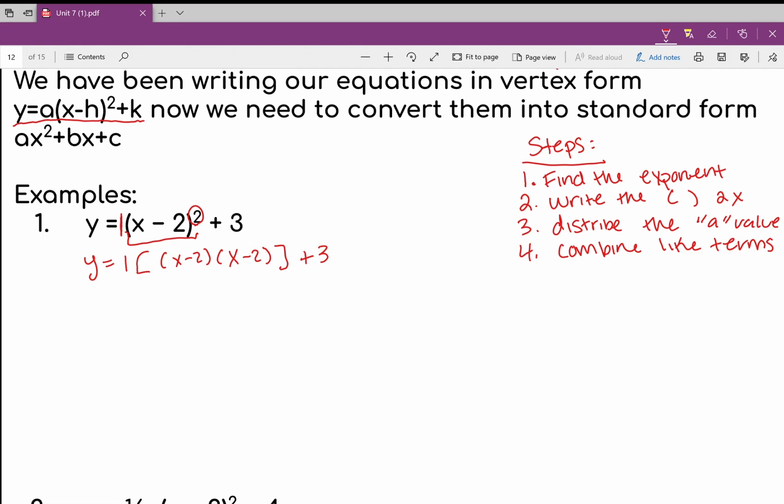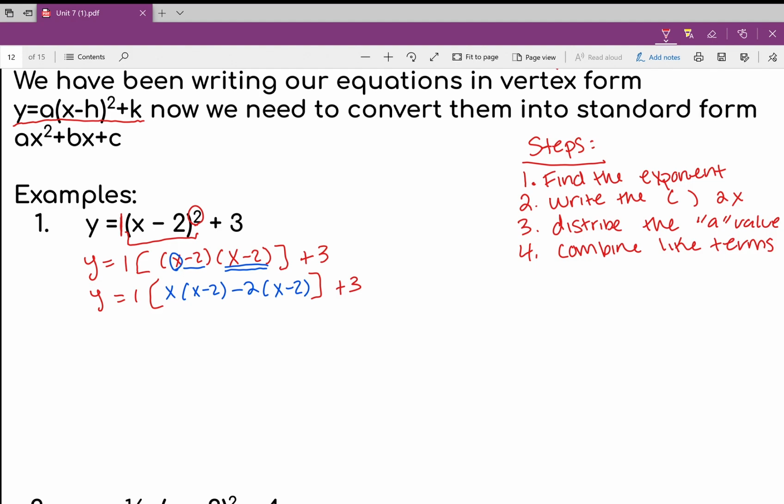To simplify these 2 parentheses, we have to do double distribution. Remember, double distribution says that we write the first term, x, times the second parentheses, x minus 2. Then we write the second term, minus 2, times the second parentheses again, x minus 2. I leave everything else the same and bring everything else down.